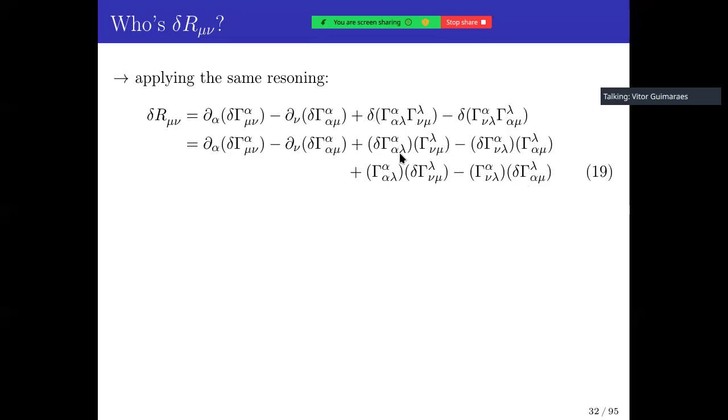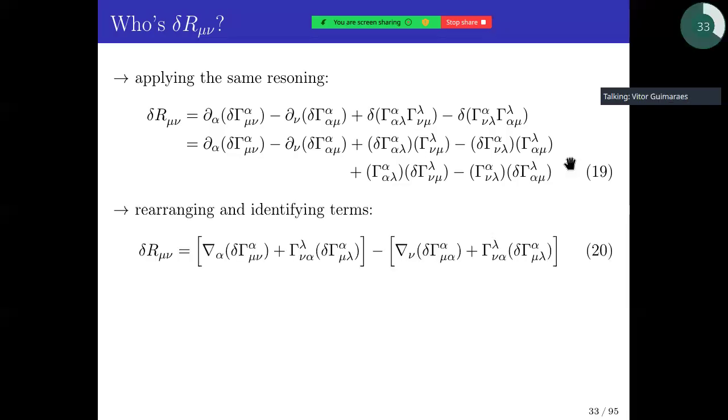And what we're going to do now is substitute the expression that we got for the perturbed Christoffel symbols in each slot here and see what this gives us, okay? So we're going to rearrange and identify some terms here, in such a way that we get to this expression and this expression here, right?